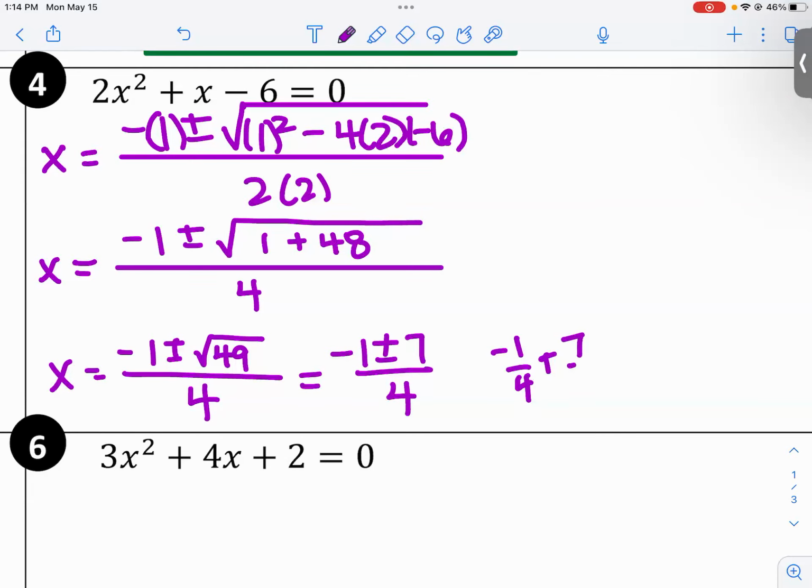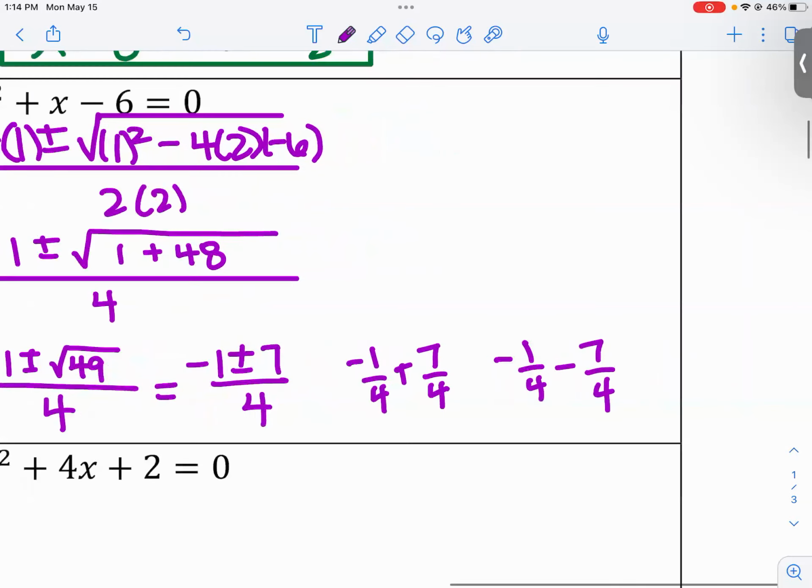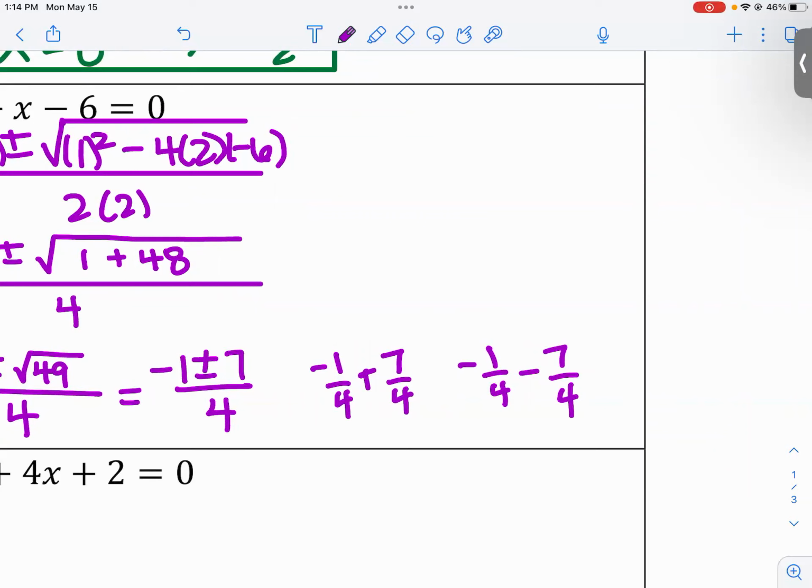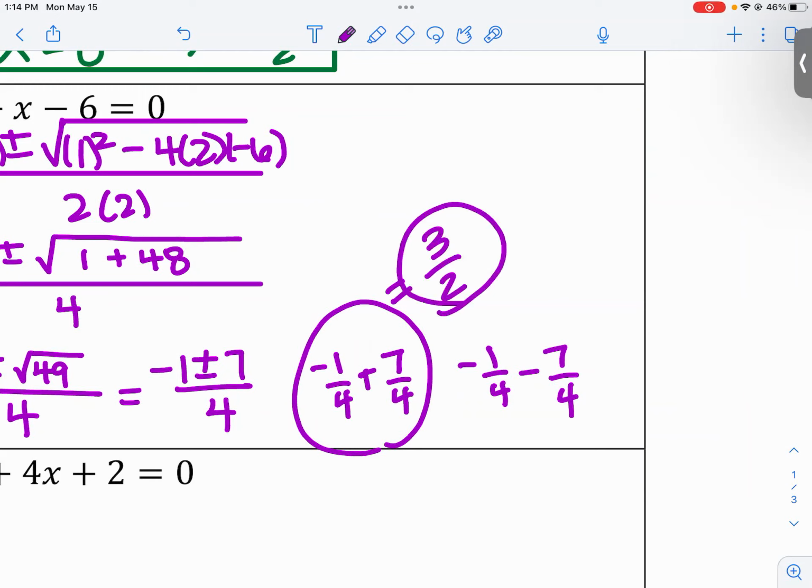Now, we have -1/4 plus 7/4, and we have -1/4 minus 7/4. What is this one? 6/4. So 3/2 is an answer.